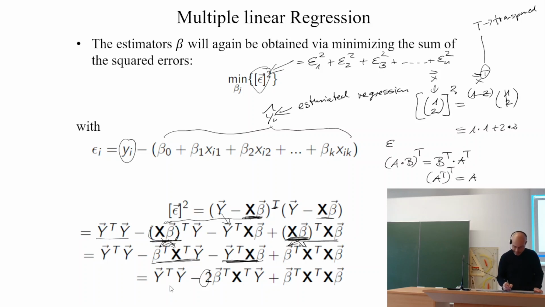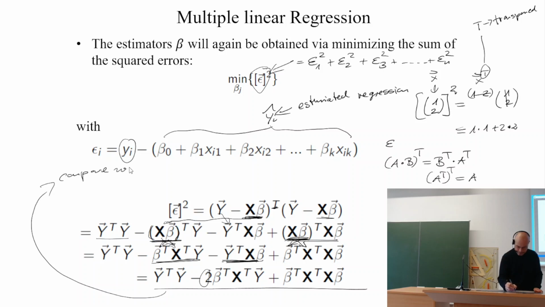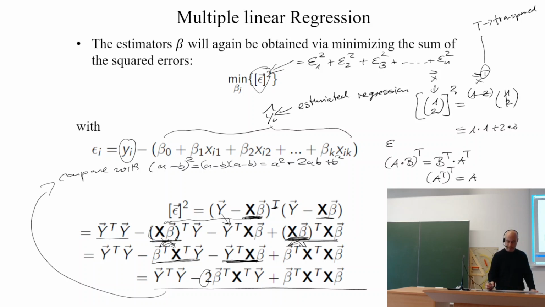If you compare, then these result with (a minus b) squared equals (a minus b) times (a minus b) equals a squared minus 2ab plus b squared.